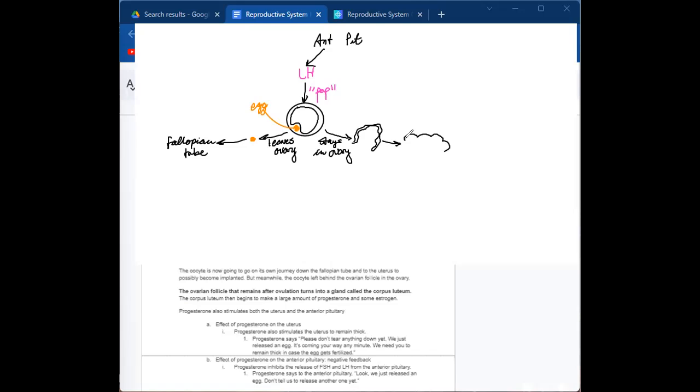And it turns into a gland called the corpus luteum.